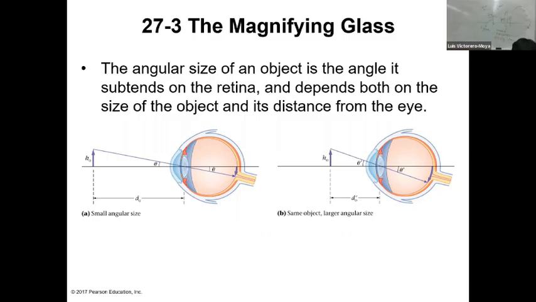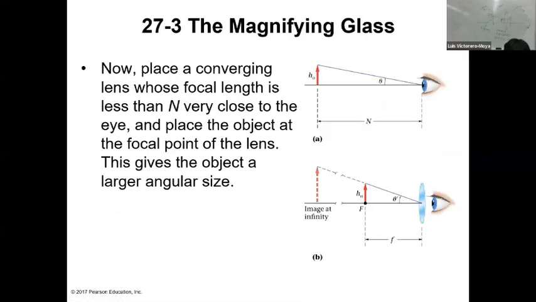Which is the angle subtended from the retina. It's being shown to you there. It depends on how far you are from the object and the height of the object. And the angular magnification, or the magnification due to the glass, will depend on the height of the image and the distance of the image. All right? So for example, that's the real size and that's the image size. So you have a theta prime and a theta there, right?